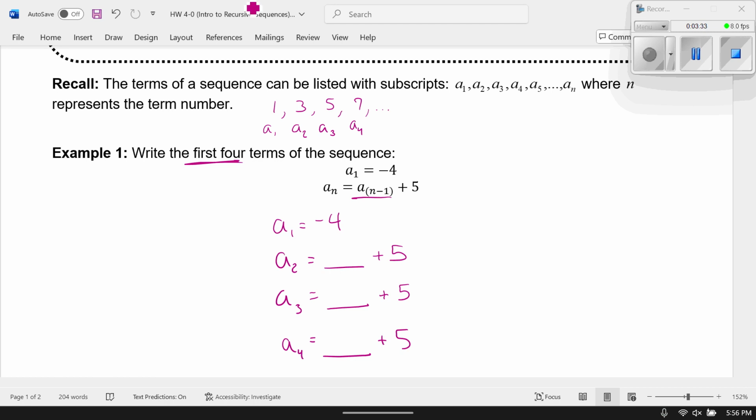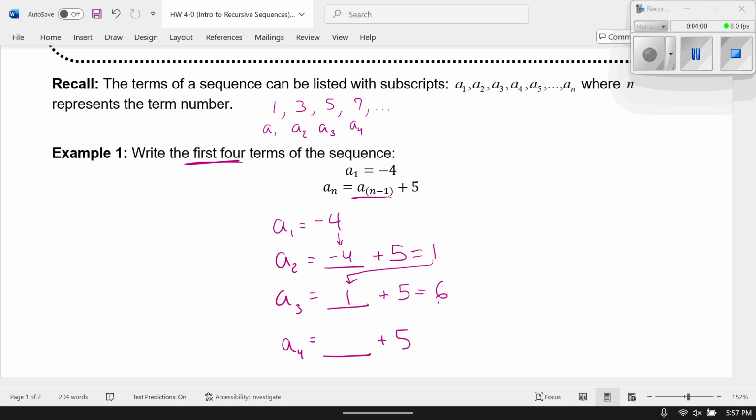So we have A sub 1 is negative 4. A sub 2 is the previous plus 5. Well, the previous was negative 4, and negative 4 plus 5 is 1. Now for the next one, it's the previous plus 5. Well, the previous was 1. 1 plus 5 is 6.